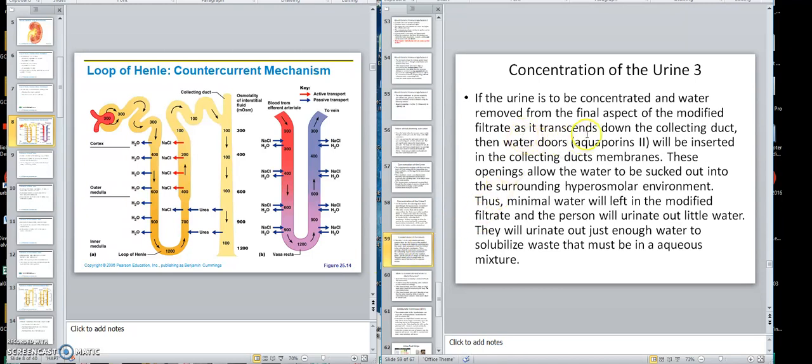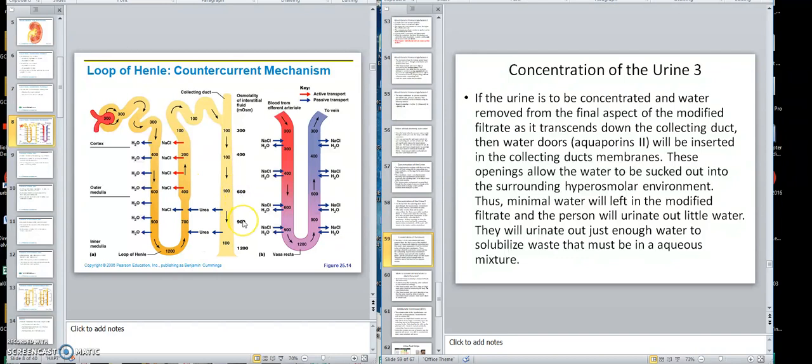If the urine is to be concentrated and water removed from the final aspect of the modified filtrate as it descends down the collecting duct, then water doors, aquaporins, will be inserted in the collecting duct membranes. These openings allow the water to be sucked out into the surrounding hyperosmolar environment. It'll be sucked out.